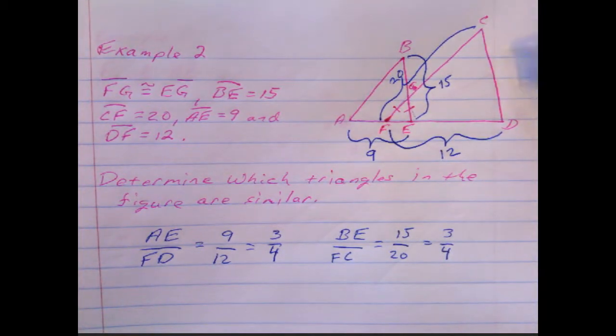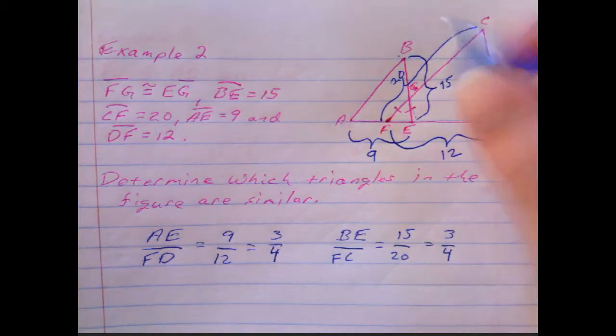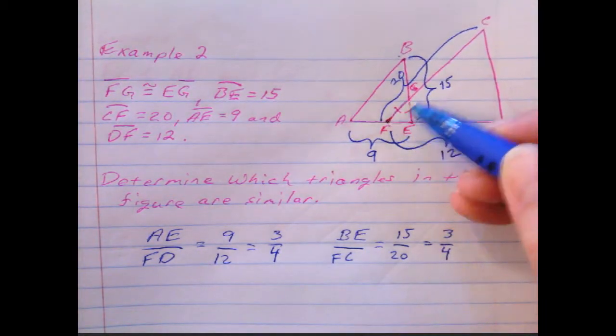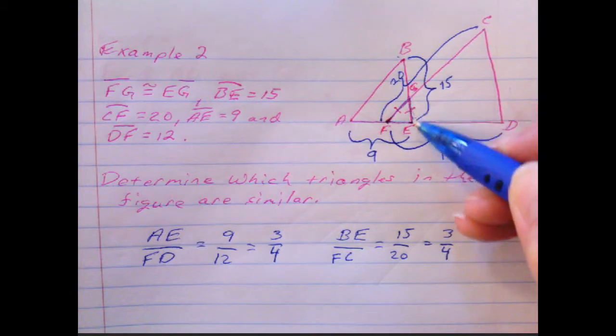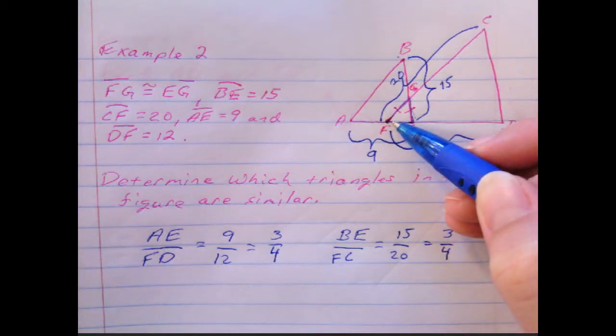I don't know anything about this side or this side, so the next thing I'm going to do is look for angles. Looking for angles. Well, if I have this little triangle down here, this little triangle is considered an isosceles triangle.